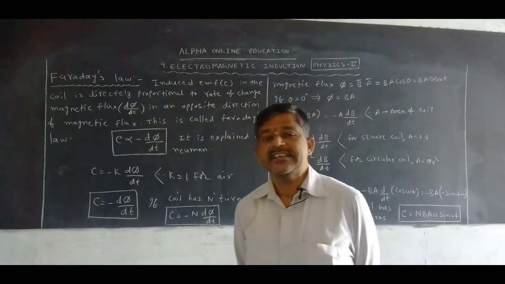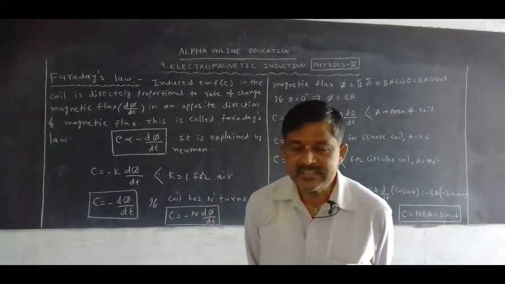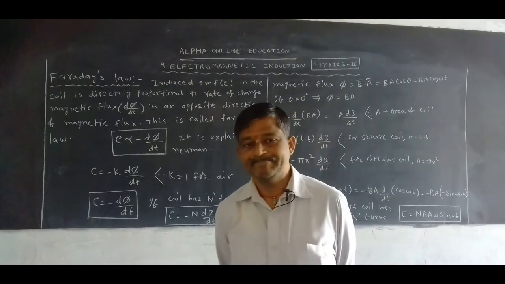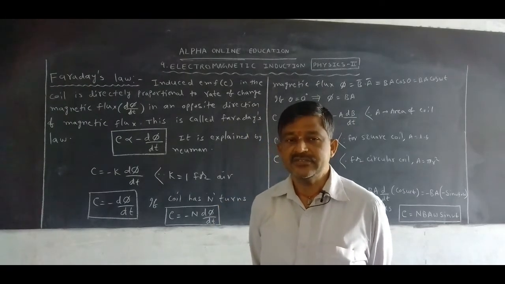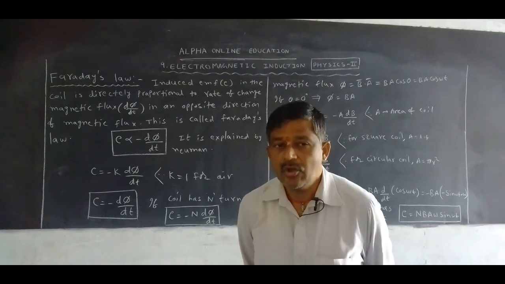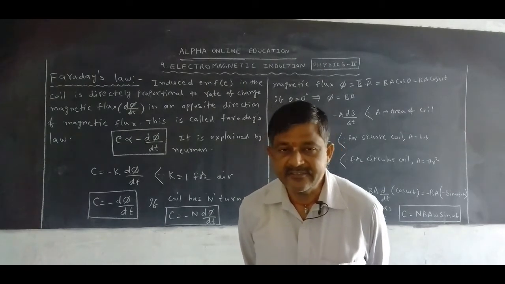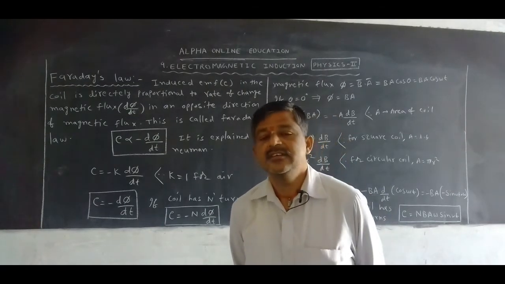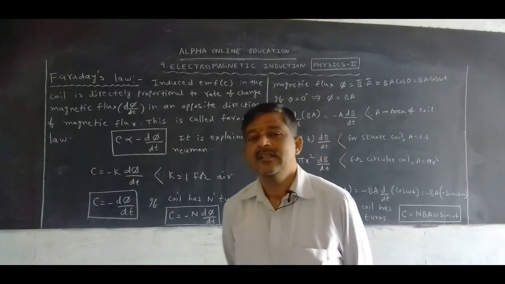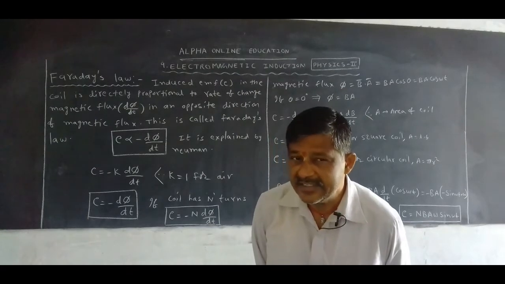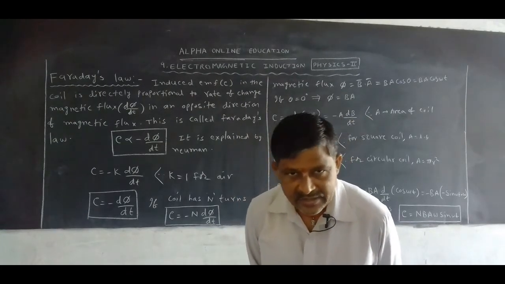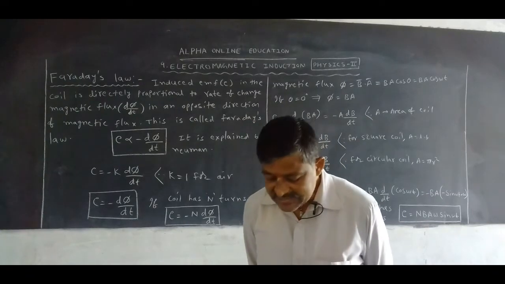The mathematical expression for induced EMF in the coil associated with varying magnetic flux was given by the scientist Neumann. But who first explained this? Faraday. That's why it is called Faraday's law and also Neumann's law.